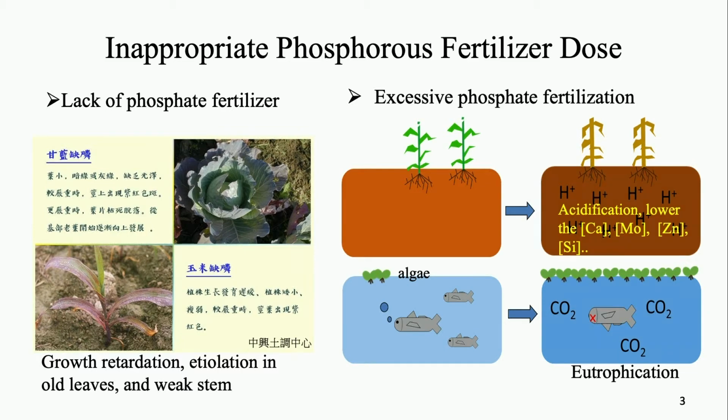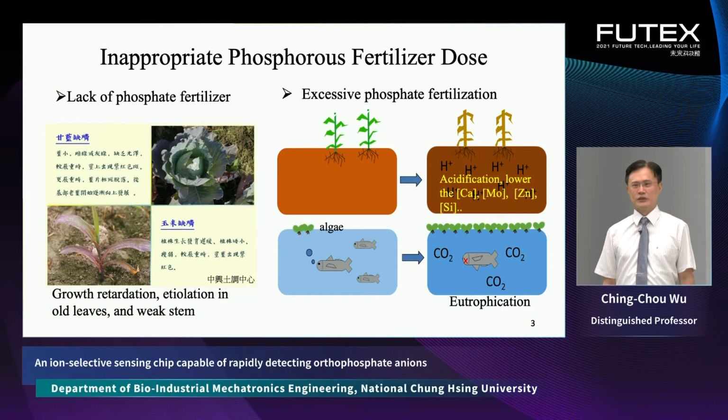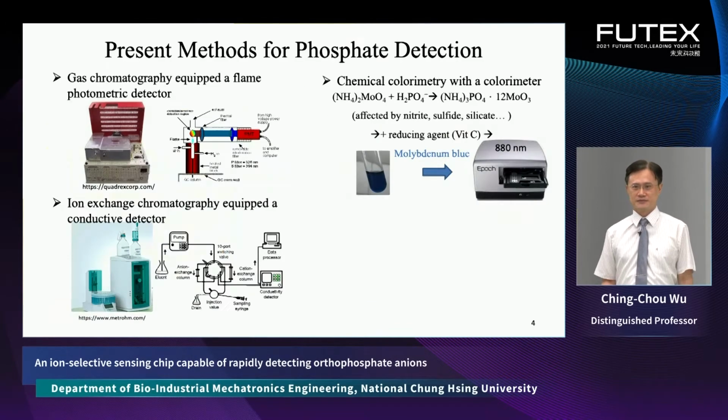And if the farmer gives excessive phosphate fertilization, we induce plant death and induce soil acidification. This situation lowers the alkaline earth cation concentration. Also, excessive phosphate flowing into the water induces algae growth, and this situation induces eutrophication.